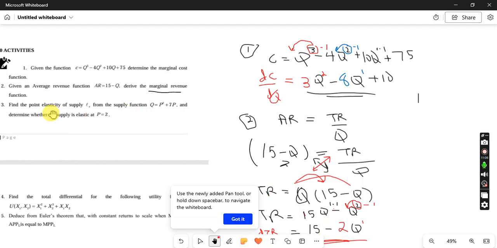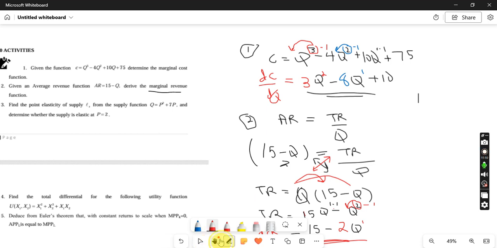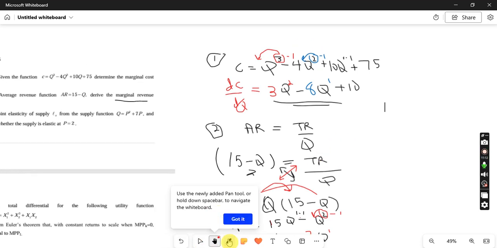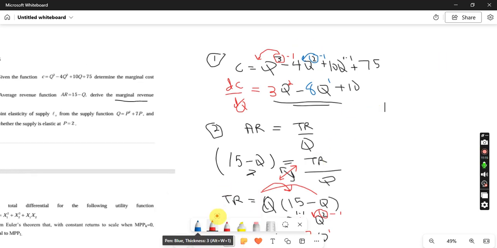So when they say here point elasticity of supply, this is the formula you're going to use. The derivative of the supply function, so we say dQ over dP, deriving the supply function with respect to P. Then we're going to multiply this by our price over our quantity.